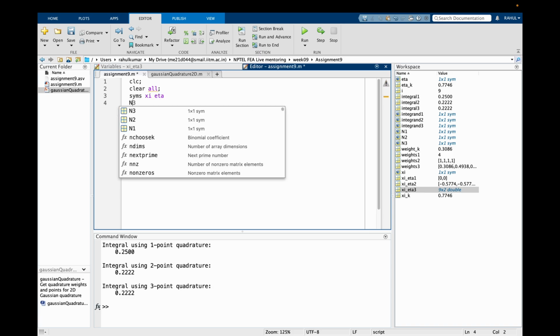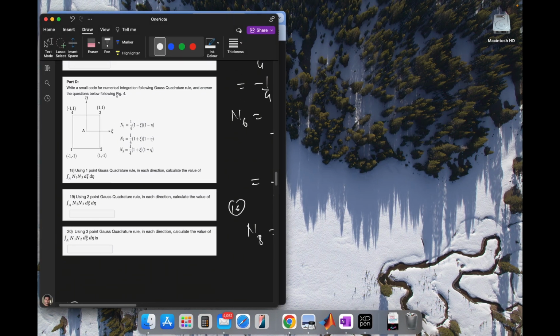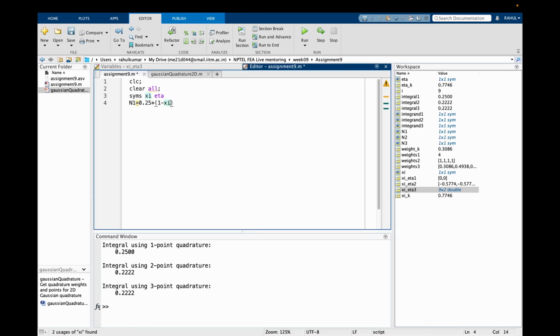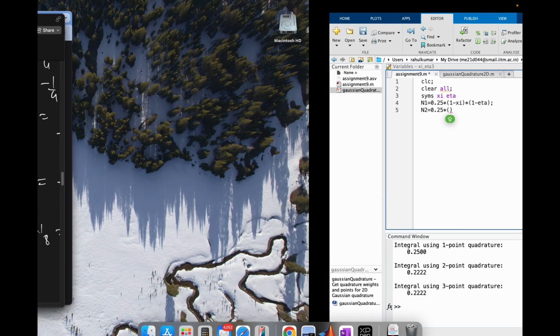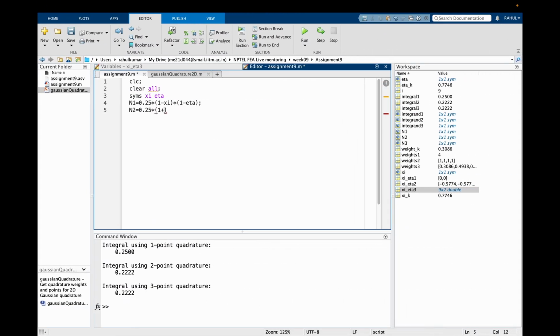And syms, I will use the symbolic, so that will be xi eta. Okay, there is no need of importing, we can directly use n1 equal to 0.25 into 1 minus xi into 1 minus eta, this was n1, and n2 is 0.25 into 1 plus xi into 1 minus eta.